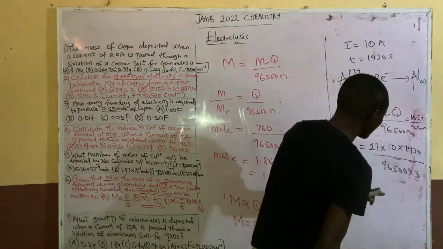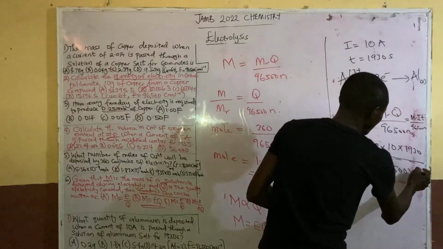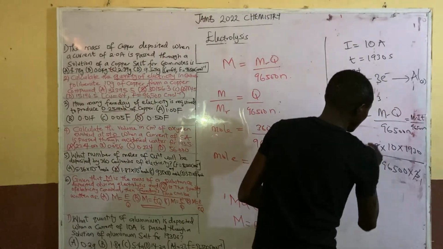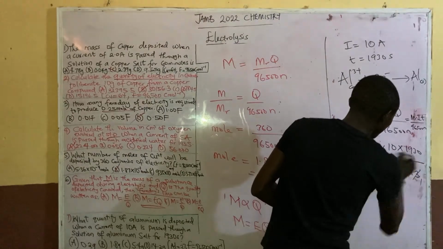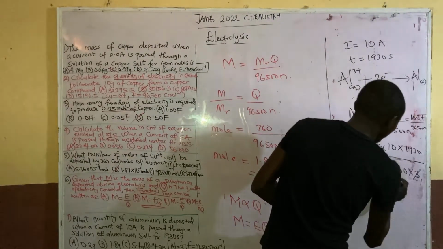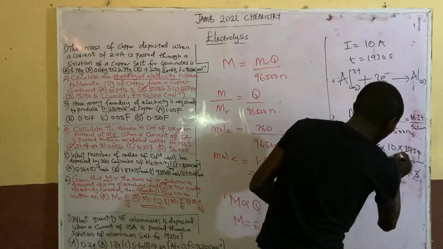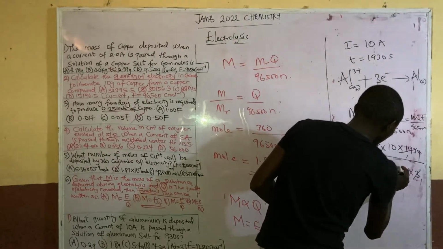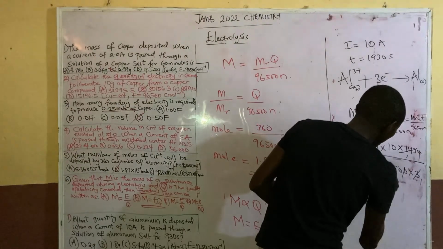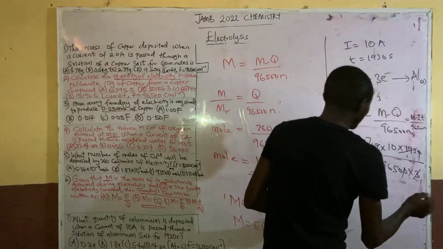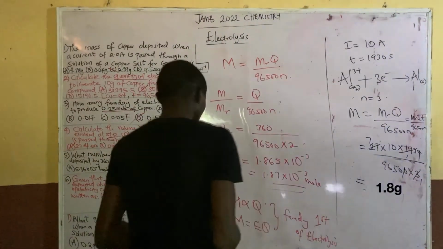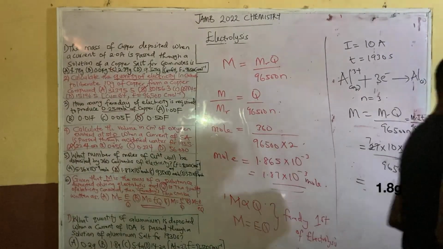So I calculate that one. 0 cancels 0 here. So 193, 1, 190. And 6 here. So when you multiply it, what do you get here? You can press it. What do you get?